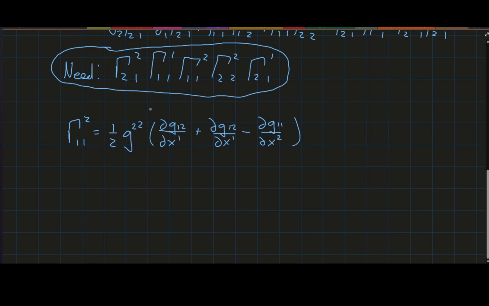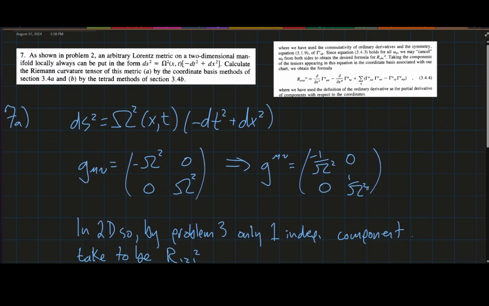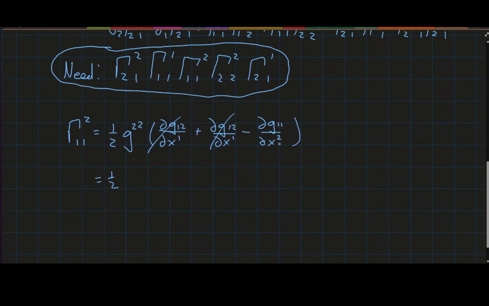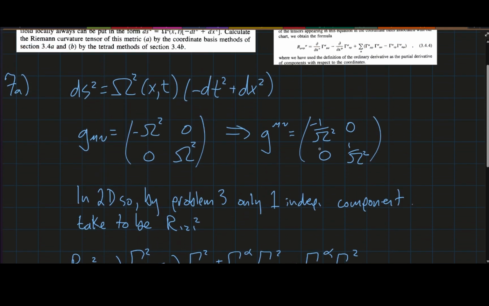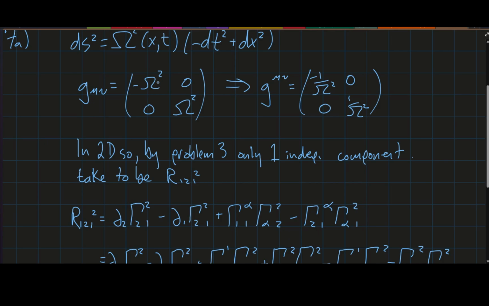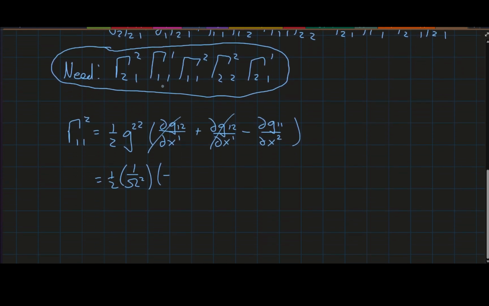So we know that g is diagonal, so automatically these terms go away. So we get 1/2, and then g22 with the indices upstairs, so that's going to be 1 over omega squared. And then we get negative the derivative of g11 with respect to x2. So g11 is going to be minus omega squared. So it's d2 of minus omega squared.